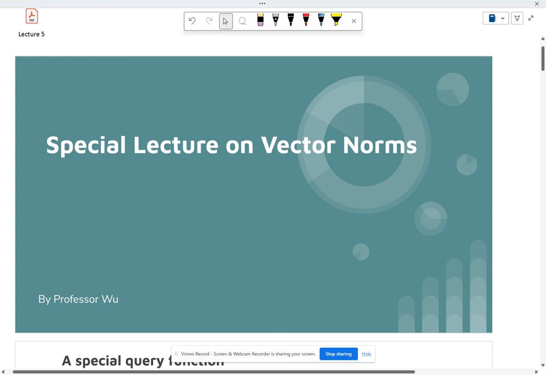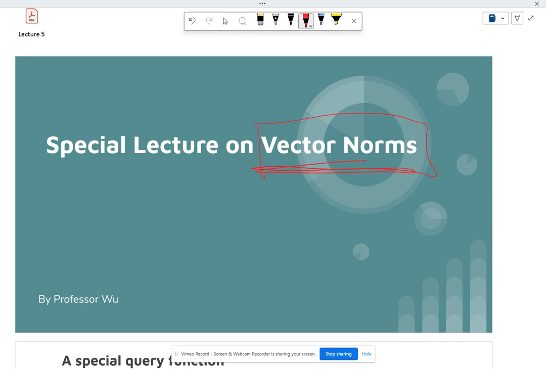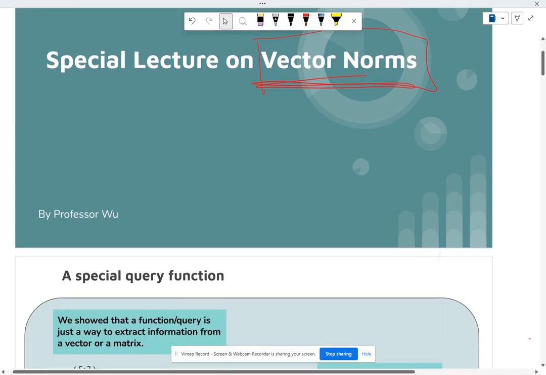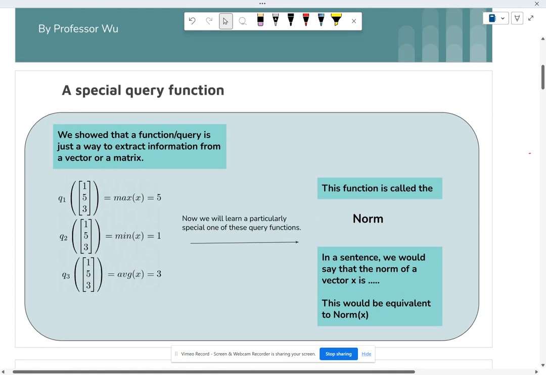Welcome to a special lecture on vector norms. For this lecture, we're going to focus on functions specifically called norms. Previously we talked about query functions.